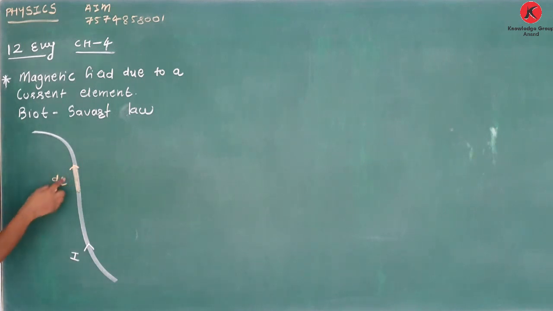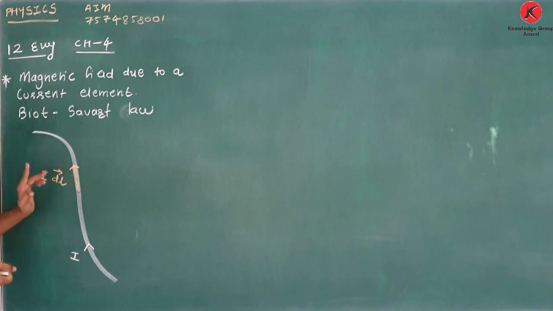Clear? So obviously, current flowing from this element is also I. If I multiply I with this length element, it becomes I dl, and it is in this direction because current is flowing in this direction.